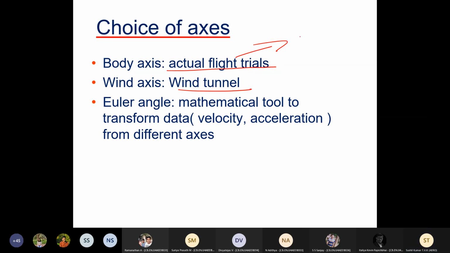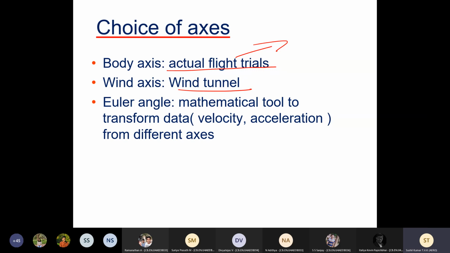Whereas in the wind tunnel, you can always align your model so that theta E becomes 0 and then carry out some experiments. A few problems we will see, how you use the wind tunnel to calculate some stability derivatives. But all flight trials are in body axis.